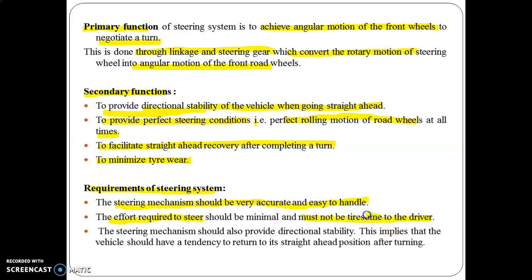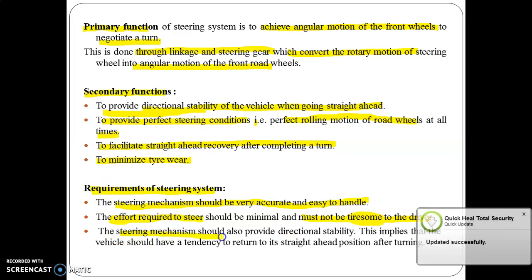Means sometimes drivers take a long drive, and during that the effort should be very lesser, and it should not affect the nature of the driver by being tired. So that should be considered as a requirement of the steering system.